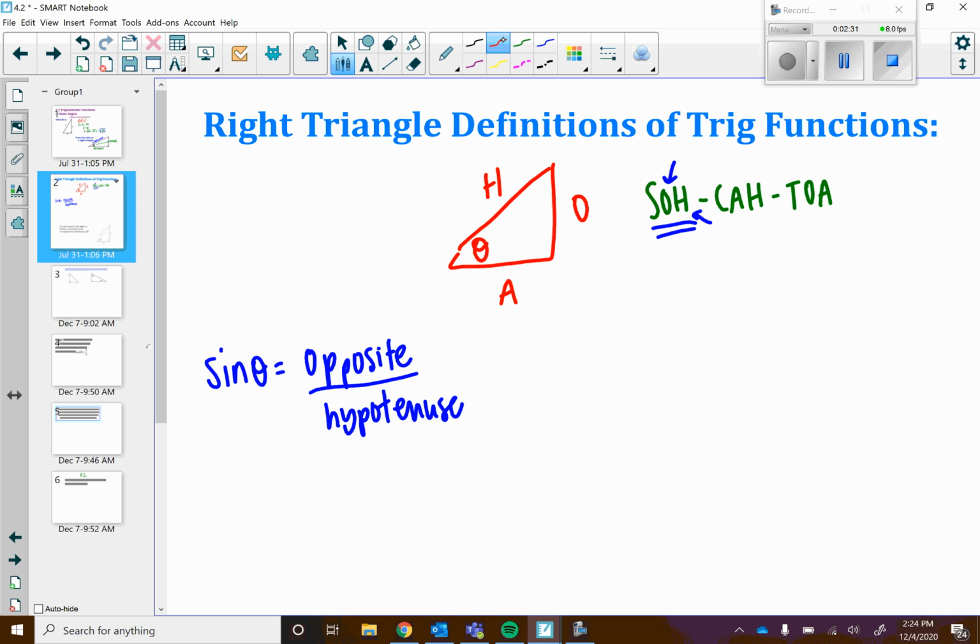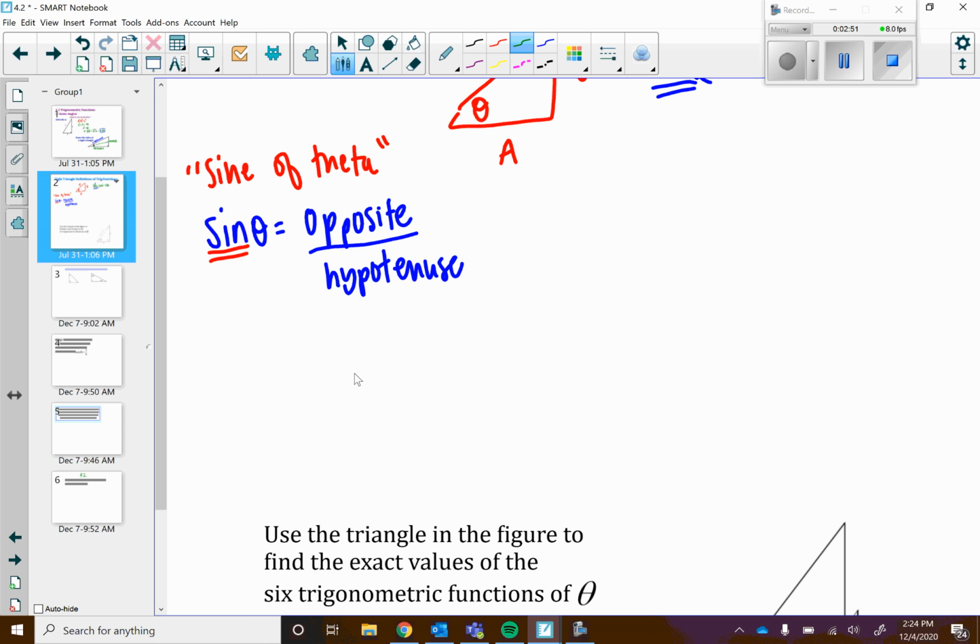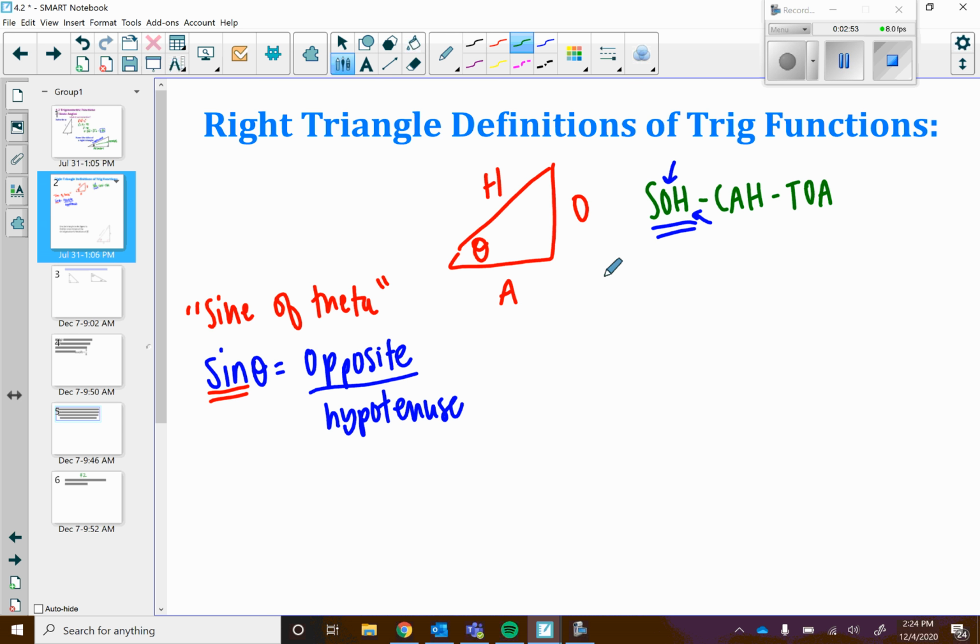We've talked about this before, but when you see this, please read it as sine of theta. If you say "sin theta," you sound stupid, and you are not stupid. So take a moment, and we're going to write down the rest of our trig ratios. So we have sine, which is SOH.